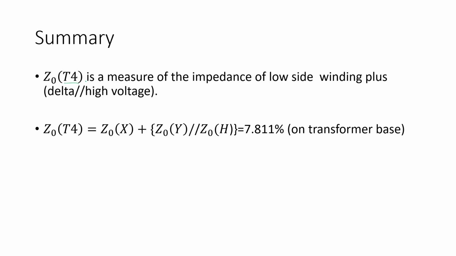Again, the zero sequence impedance from test 4 is the low side winding plus the delta in parallel with the high side. So it's always helpful to do a quick sketch. That way you know what's going on.